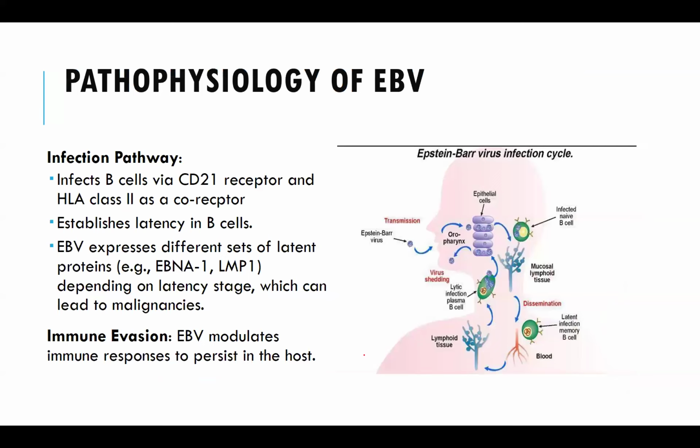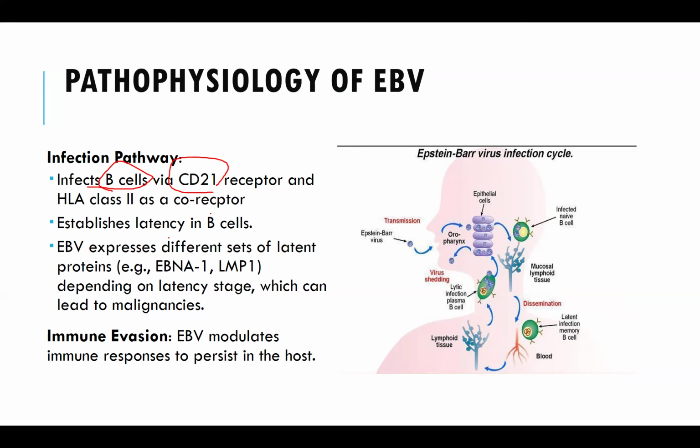In the pathophysiology, we know that these viruses, upon infection, if maybe you get into contact with a person who is infected, they'll transfer the virus to you, and it loves infecting your B cells via the CD21 as the receptor, with HLA class 2 as a co-receptor. So they'll attack your B cells.